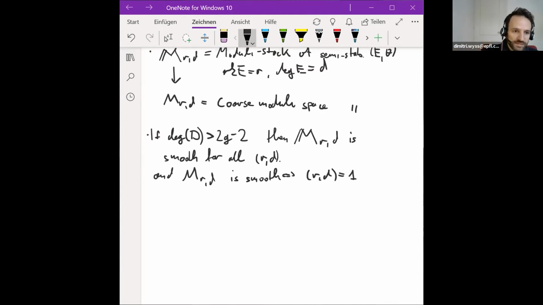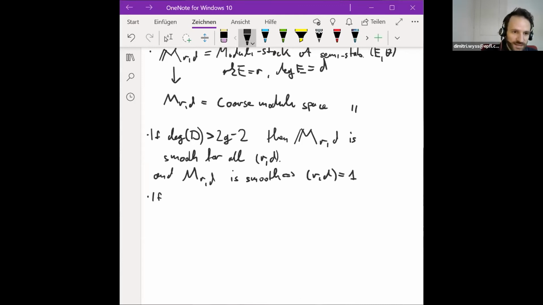And in this case, if the degree is larger than the canonical, then these are unobstructed. And the stack is just always smooth, but nonetheless, if we have strictly semi-stable objects in our stack, then the coarse moduli space will not be smooth. So only in the coprime case, we have smoothness.